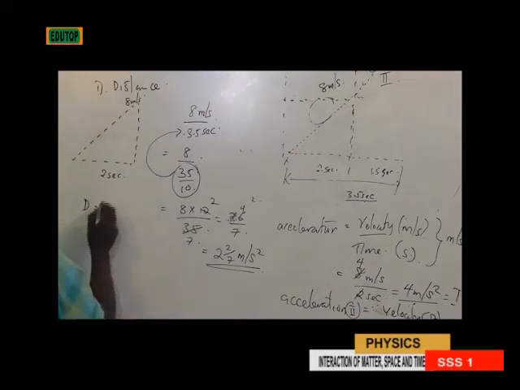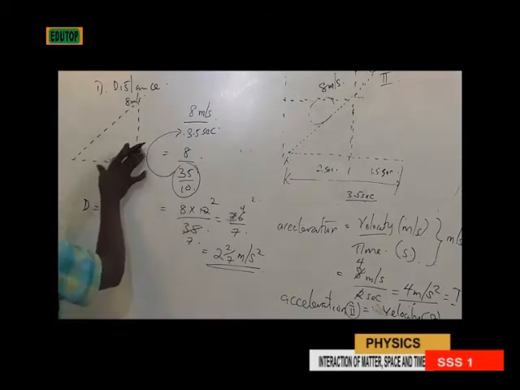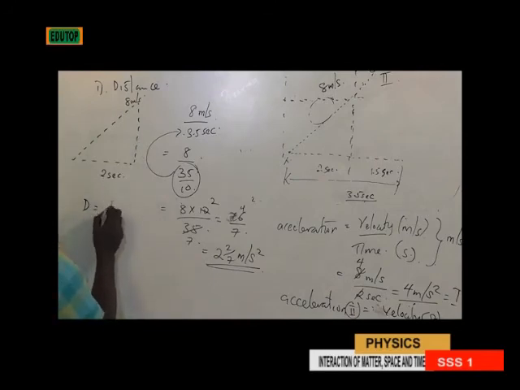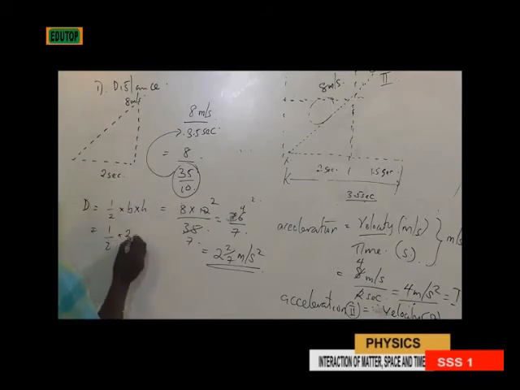So your distance can be calculated with the area of this triangle, which is half base times height. Our base here is 2, while your height here is 8. So half of 8 gives you 4. So 4 times 2 will give you 8 meters.